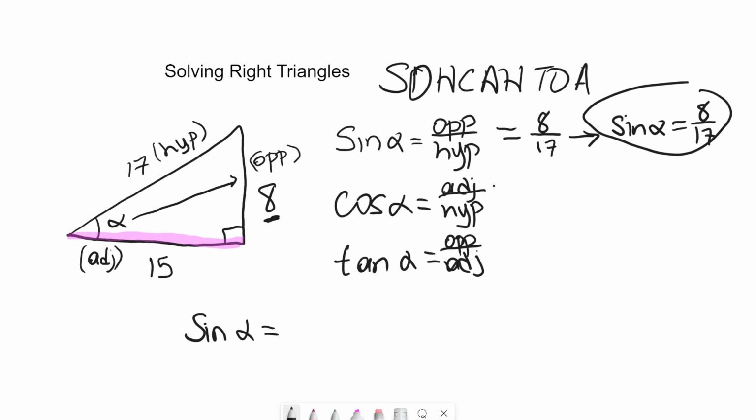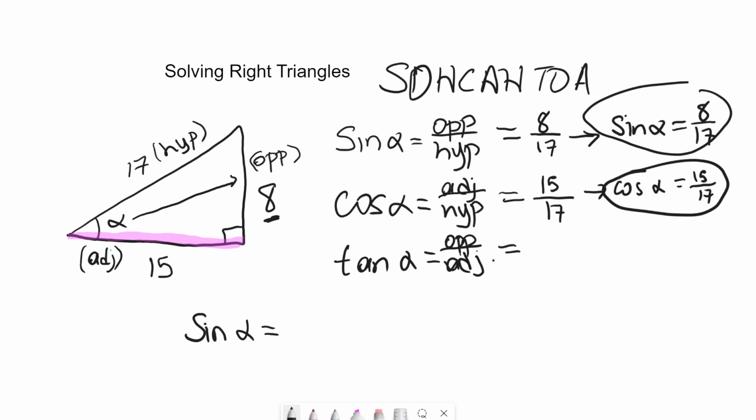Now, let's say we want to find cosine of alpha. Well, cosine is going to be what? Our adjacent side, which is 15, over our hypotenuse, which is 17. So cosine of alpha is 15 over 17.